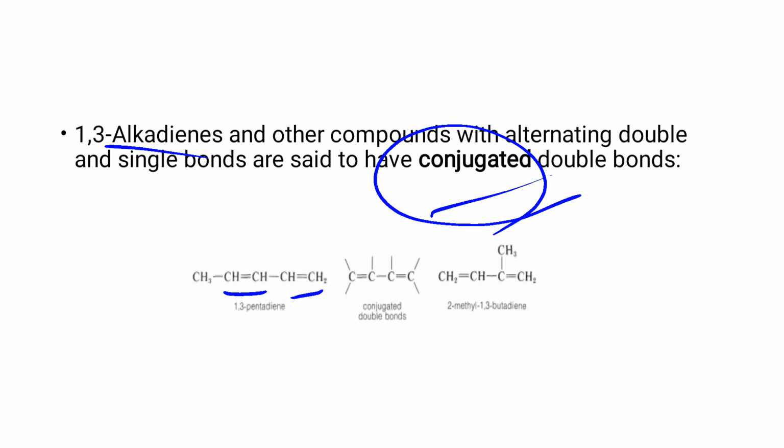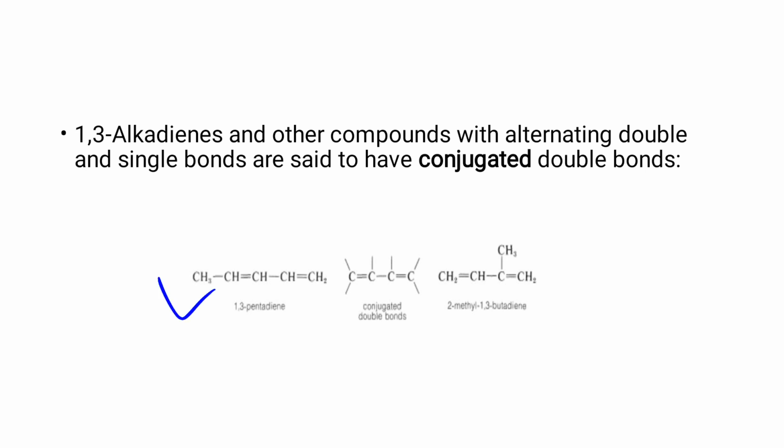Therefore, this is known as a conjugated diene. 1,3-alkadiene indicates the conjugated diene, and 1,2-alkadiene indicates the cumulated diene. Understand? This example, 1,3-pentadiene, is a conjugated double bond.